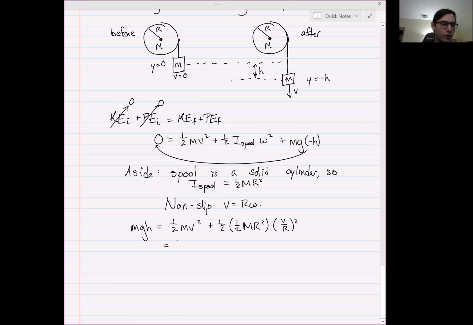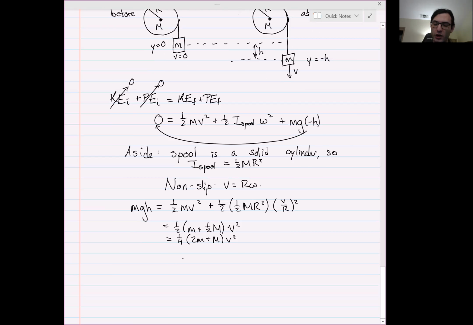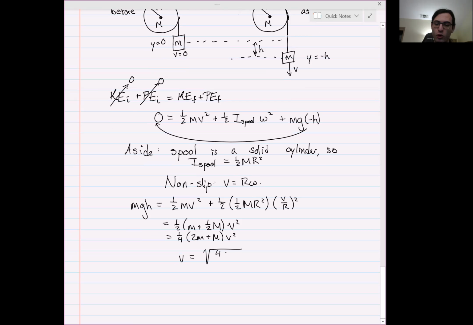Simplifying, we get 1/2 m plus 1/2 capital M times v squared, which is just 1/4 times 2m plus capital M times v squared. And so we can just solve v, which is equal to the square root of 4 mgh over 2 times little m plus capital M. That just is the speed.